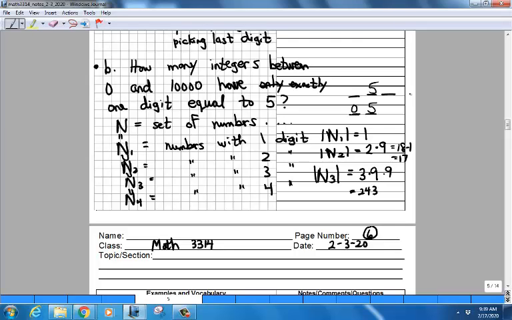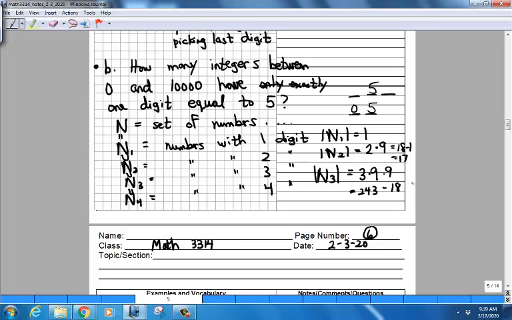Just subtract 18, because this number may have slipped in there as 005, and these numbers may have also slipped in, where we put 0 in the first slot and then filled in the last 2. So just subtract off these.